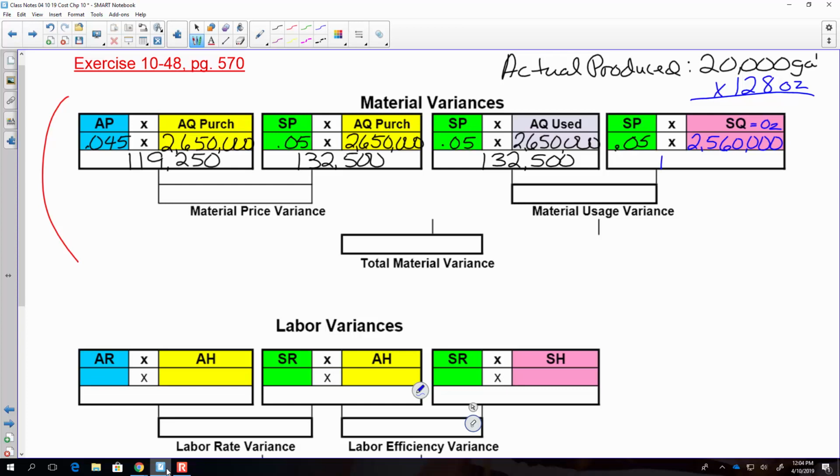128,000. And these are dollars, right? These are dollar amounts here. So looking at my price variance, is it favorable or unfavorable?